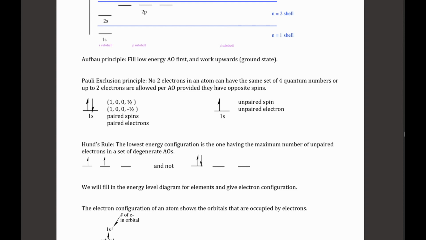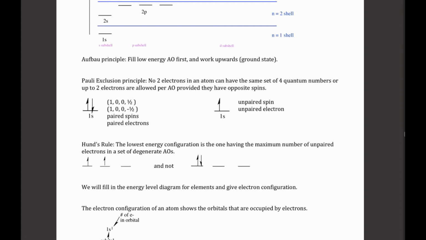So in the 1s atomic orbital, we can have up to 2 electrons because the first electron would have quantum numbers 1, 0, 0, 1/2. The second one would have quantum numbers 1, 0, 0, negative 1/2 because it's got spin down.